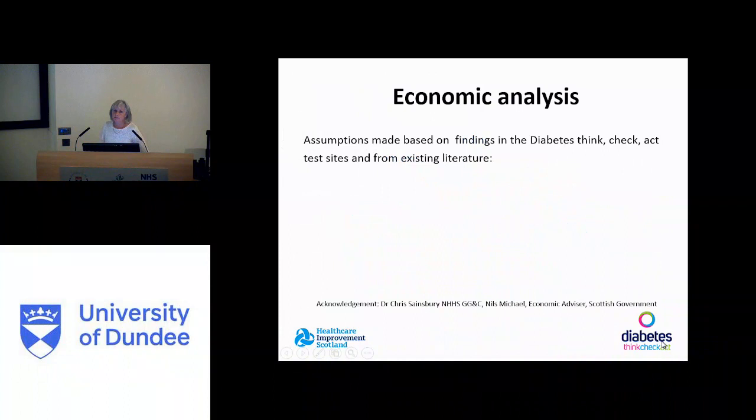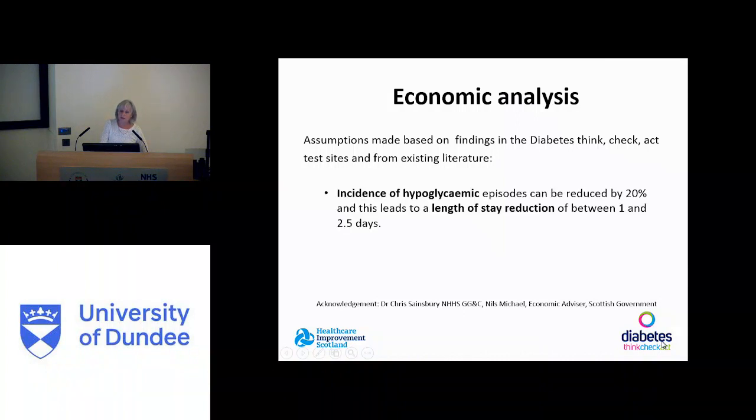Dr. Chris Sainsbury from Glasgow has done an economic analysis on hypoglycemia with Niels Michael from Healthcare Improvement Scotland, and these assumptions were based on an early pilot of Diabetes Think Check Act. It tells us if the incidence of hypoglycemia can be reduced by 20%, then we can reduce the length of stay in hospital between 1 and 2.5 days per patient.